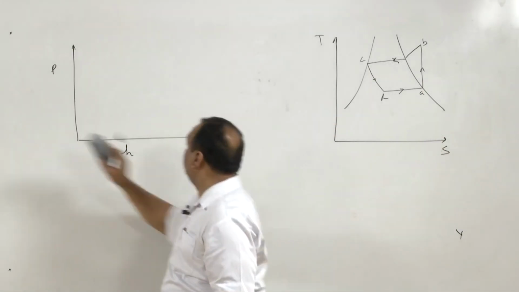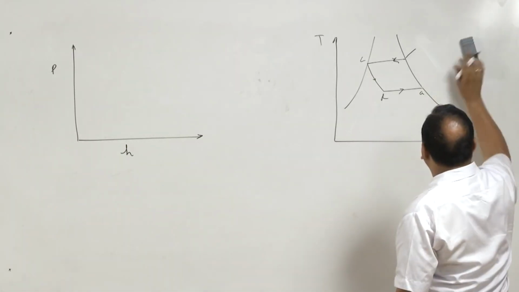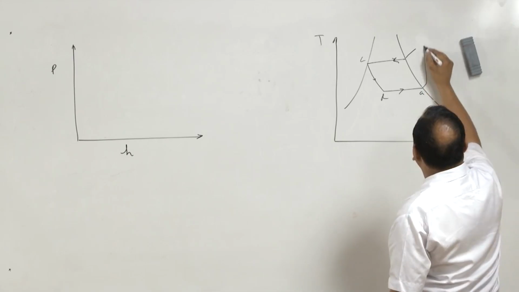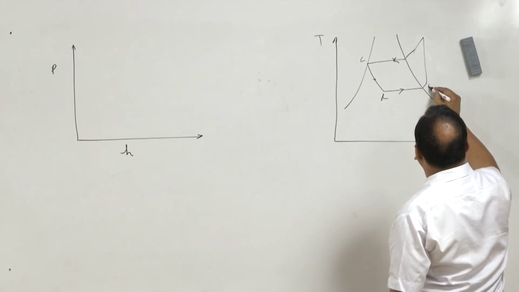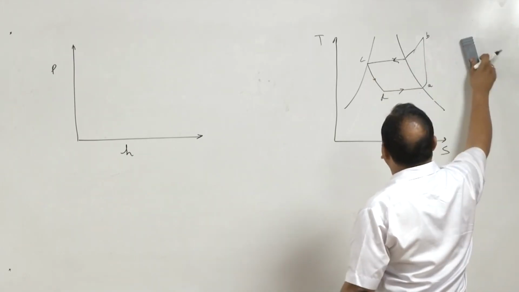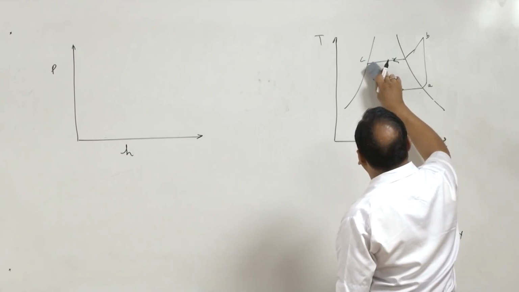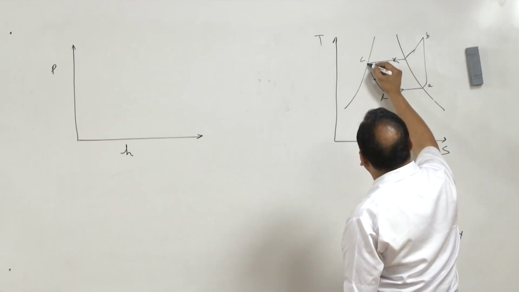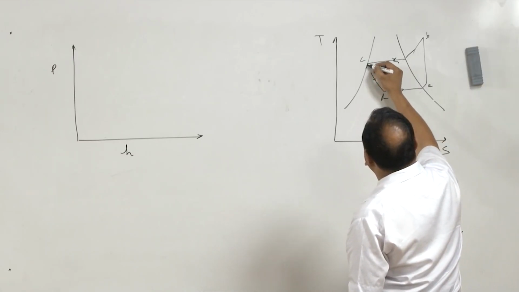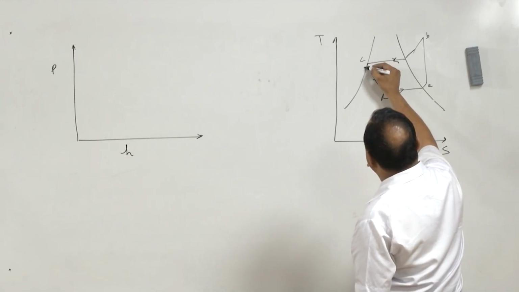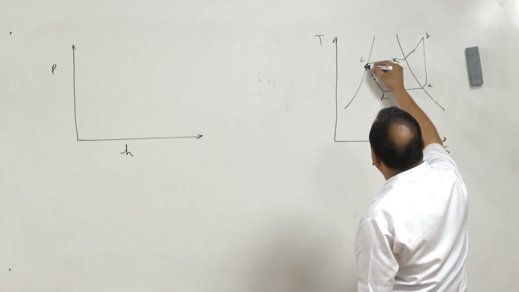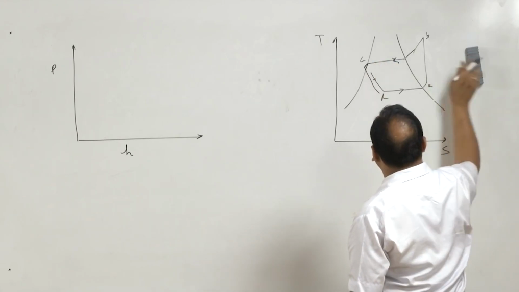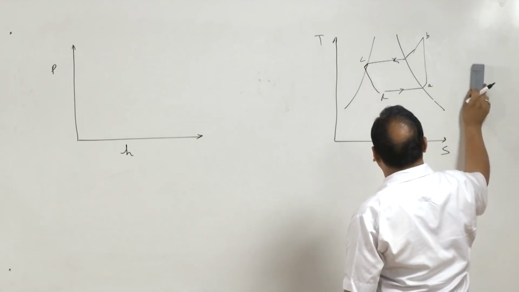So, if the vapor is superheated here, it will be like this; A will be shifted here. And if the liquid is subcooled here, we assume it to be along the liquid line, but actually it is somewhere here. It is compressed liquid, and expansion takes place like this. So, the D point will be shifted here.